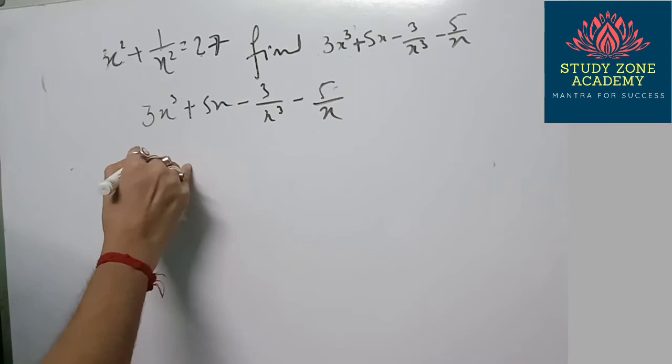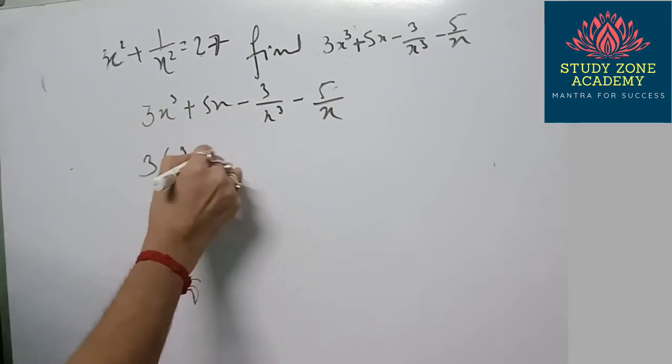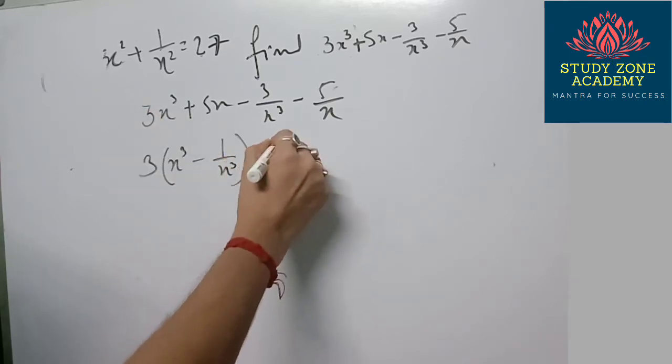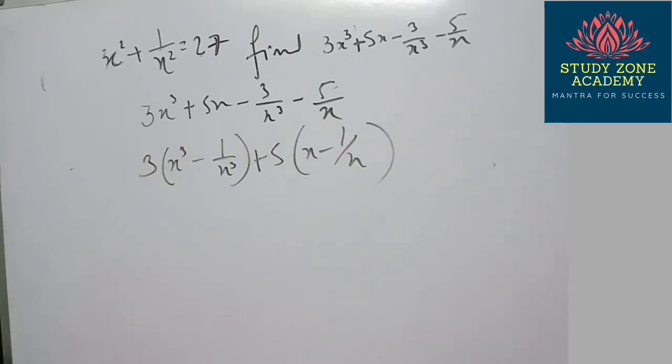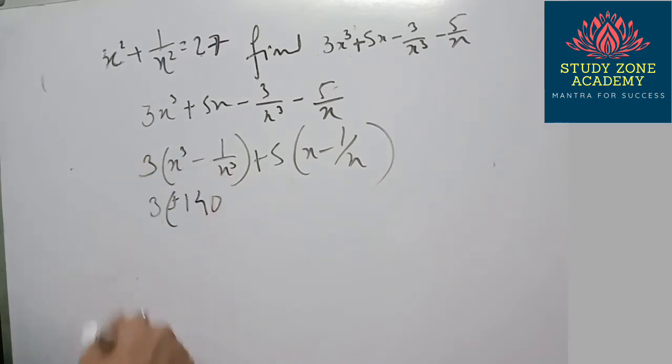So let us continue. 3 common. X cube minus 1 by x cube. This is what we are getting. So the value of x cube minus 1 by x cube, we got plus minus 140. So it will be 3 plus minus 140.